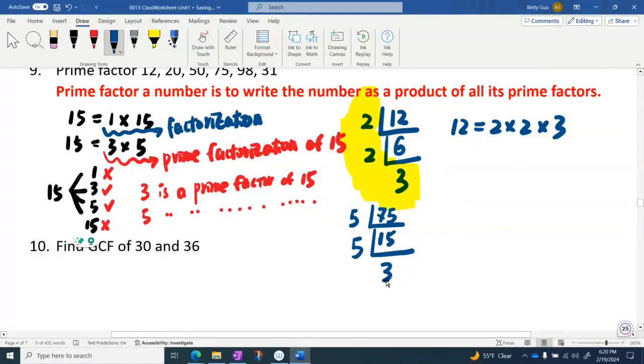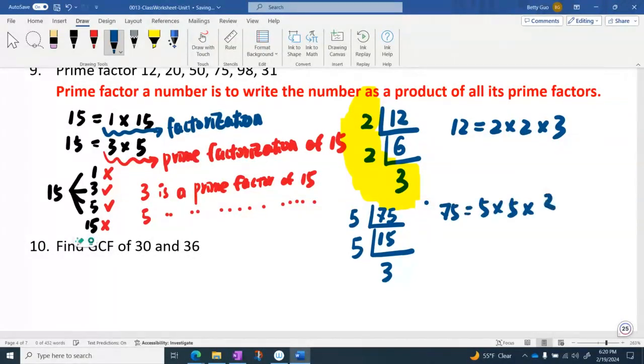Whenever you have a prime number on the bottom, that means you are done with the process. And you can write 75 as 5 times 5 times 3. You must make sure all the factors in the product are prime numbers. 3 is prime, 5 is prime, 5 is prime.